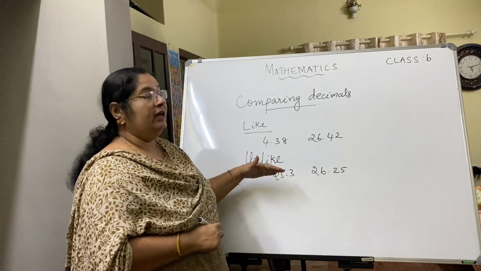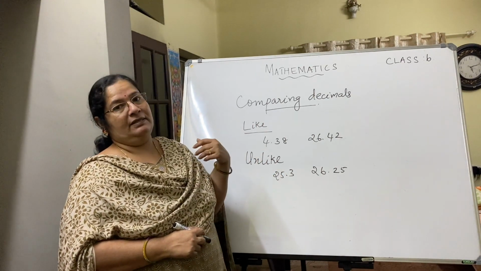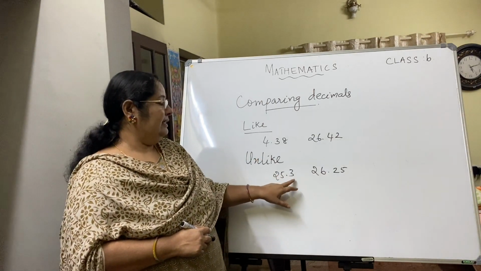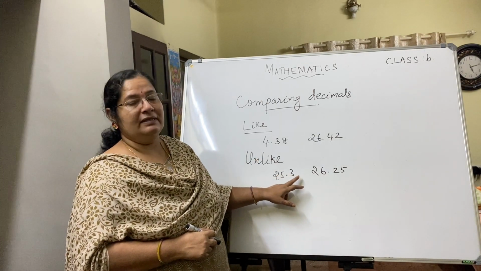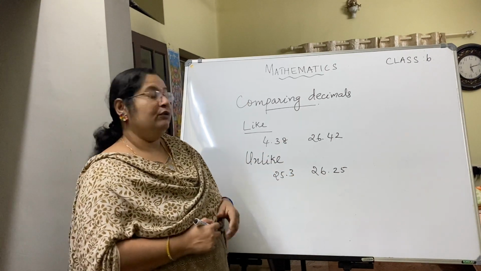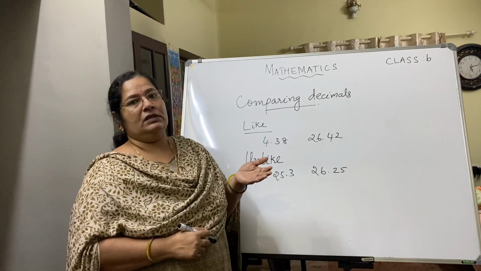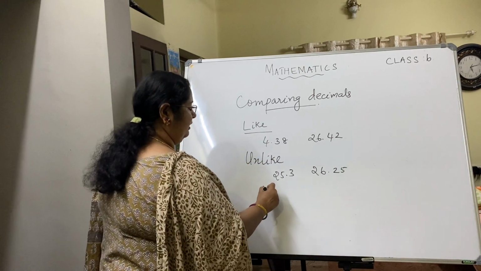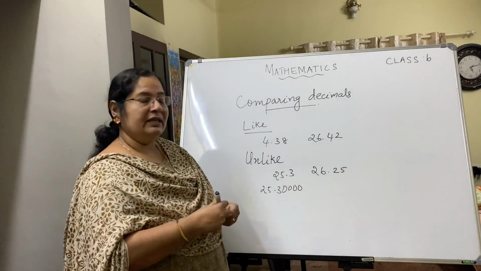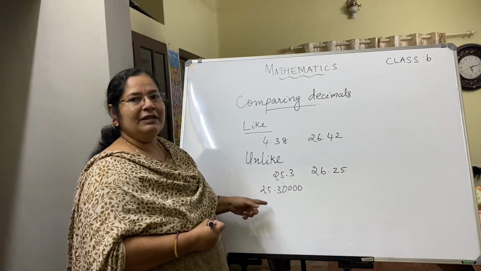Now how can you make 2 decimal places? 25.3 stops with 1 decimal place. After the 10th place, if you go on adding zeros, that is if you make it 25.30000, whatever it is, you go on adding zeros, will the value of this decimal change?